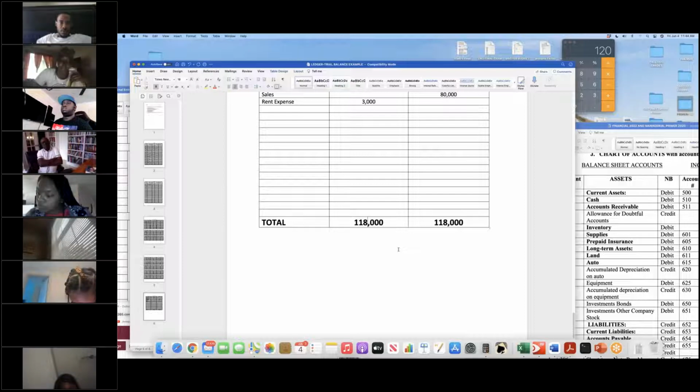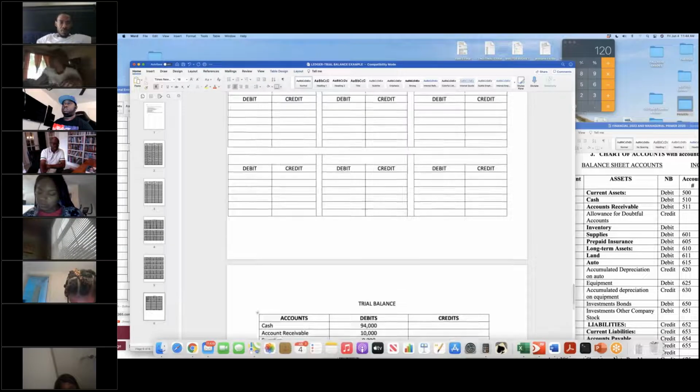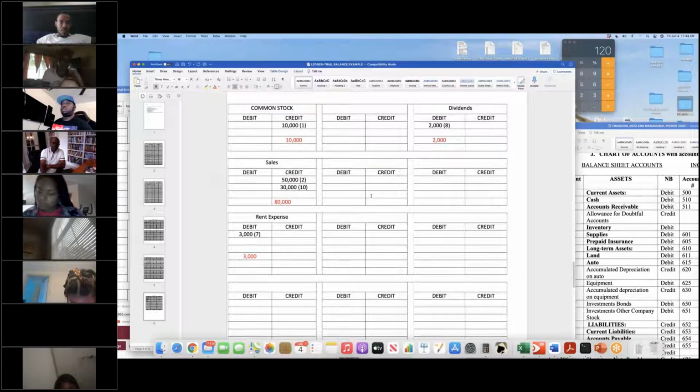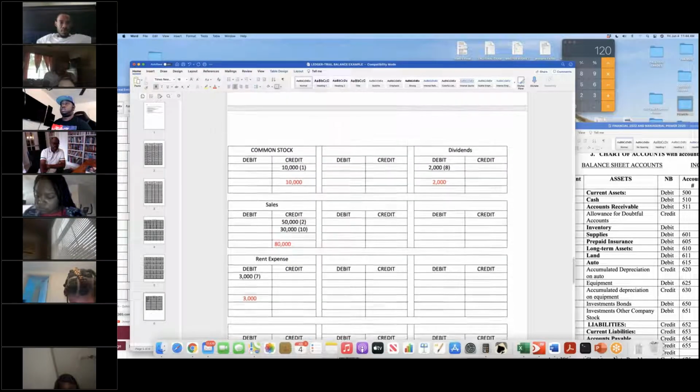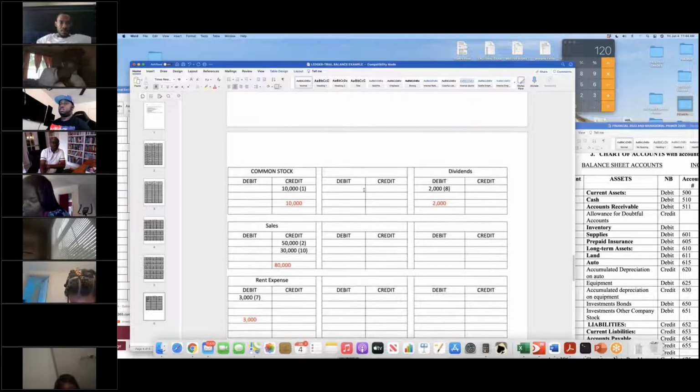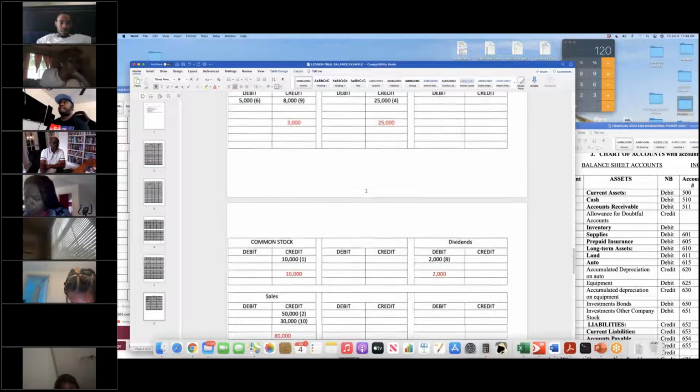So you can see the ease of finding that error because we have the journal entry numbers in our post reference. If you don't put those journal entry numbers in, then it's a lot more difficult.